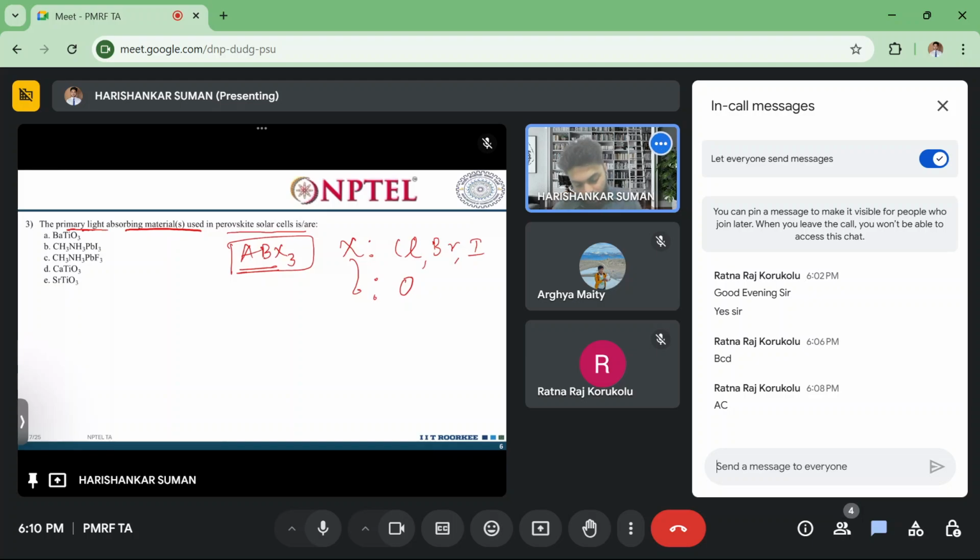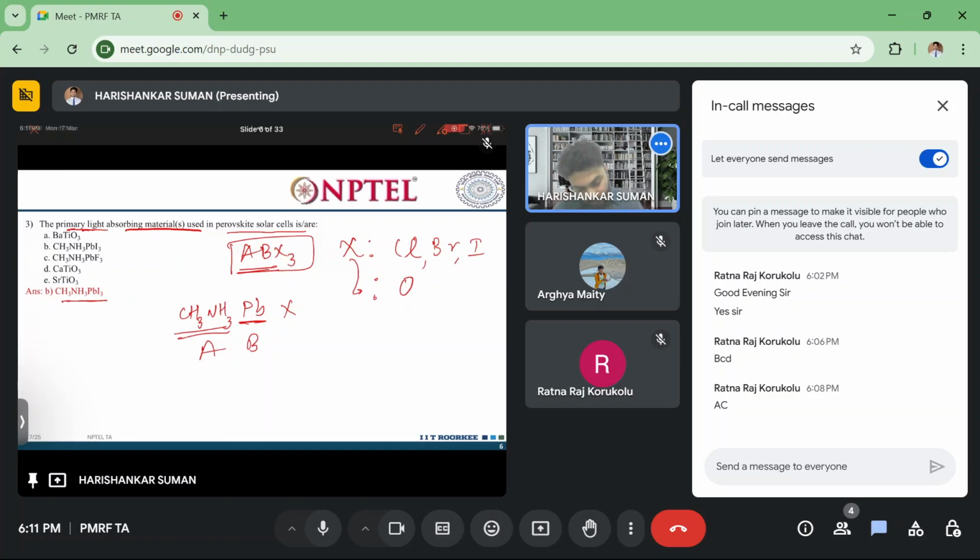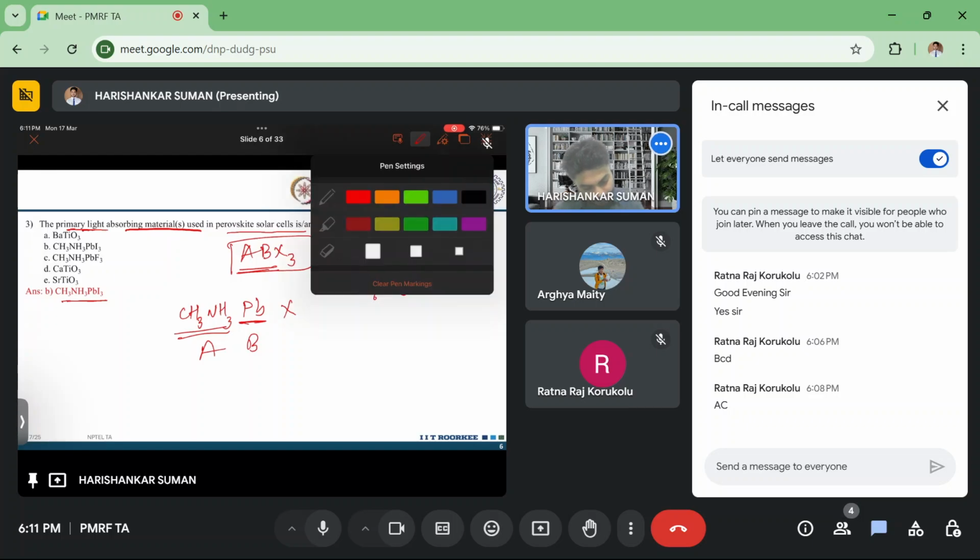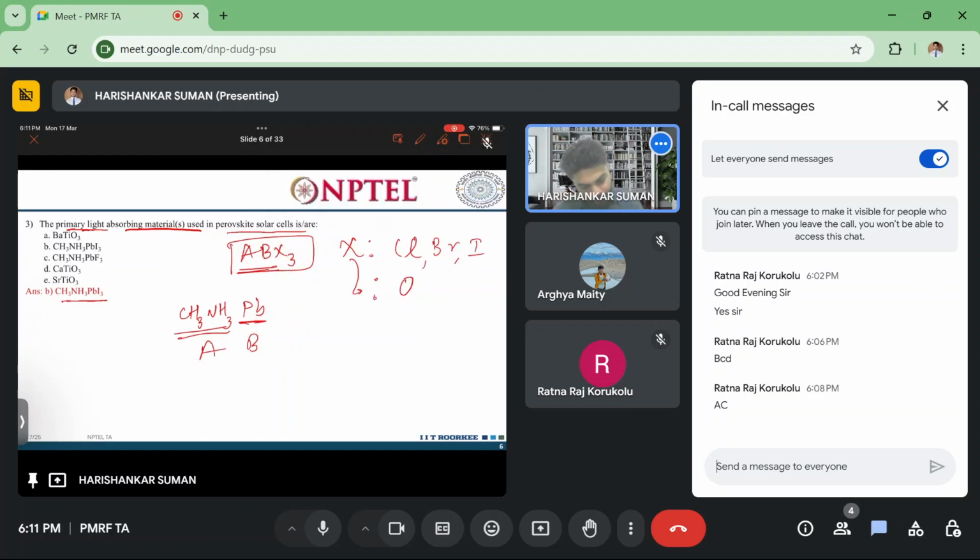Let me tell you, this is the perovskite structure. Perovskite has Cs or CH3NH3, this is the A part, and Pb is the metallic B, and X is I3, so it is like ABX3.